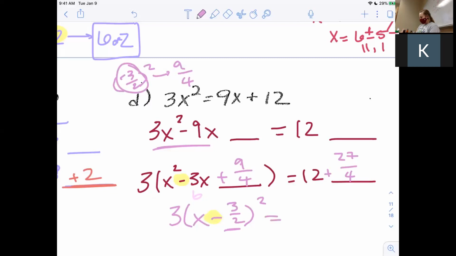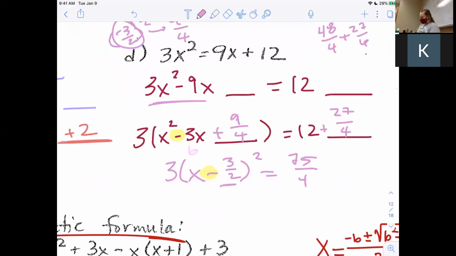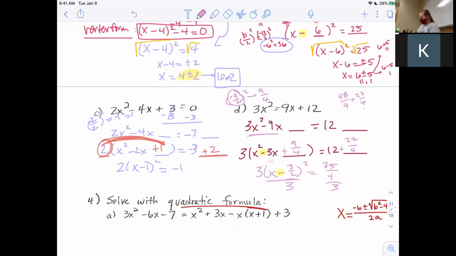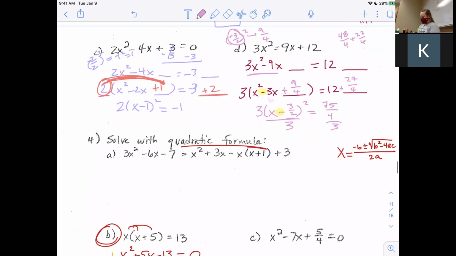And the other side, oh, I got to do 12 turns into a fraction of 48 over 4 plus 27. That becomes 75 over 4. All right. Divide by 3. Now we're just doing some weird algebra stuff. I'm going to erase this so I can use this side over here.